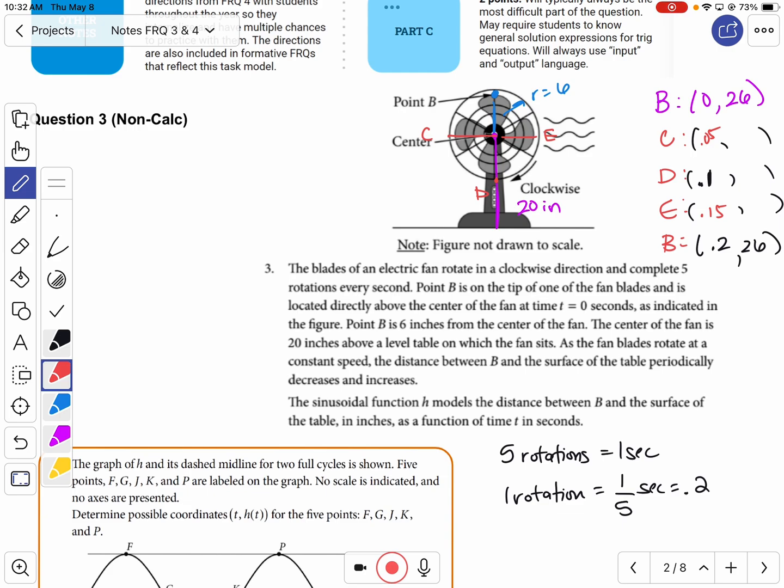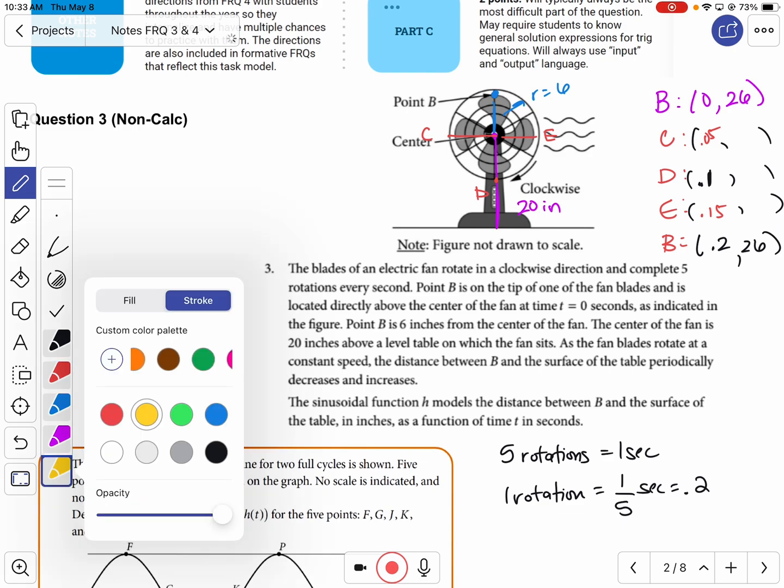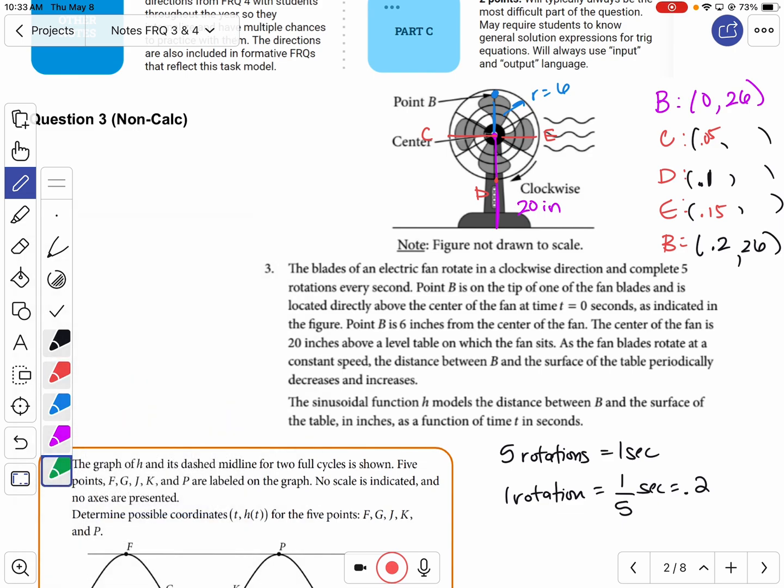All right. Now, let's talk about our y coordinates. And so if we're looking at when I go from point B to point C, how much of that total height of 26 do I lose? 6, so I go to 20. Okay.